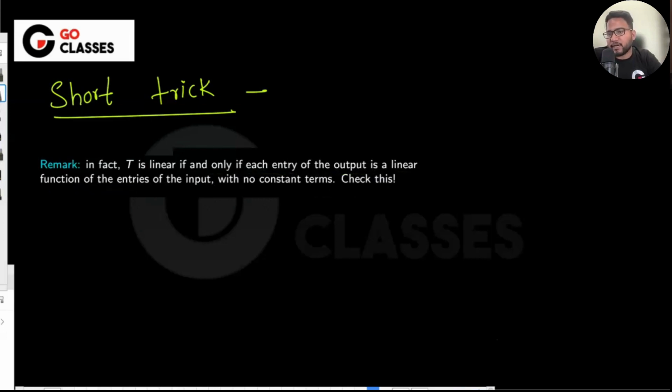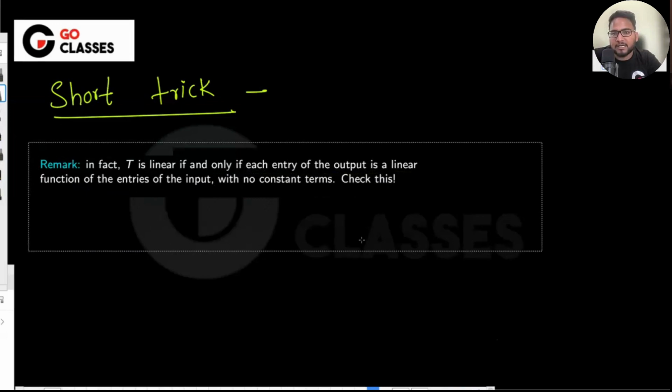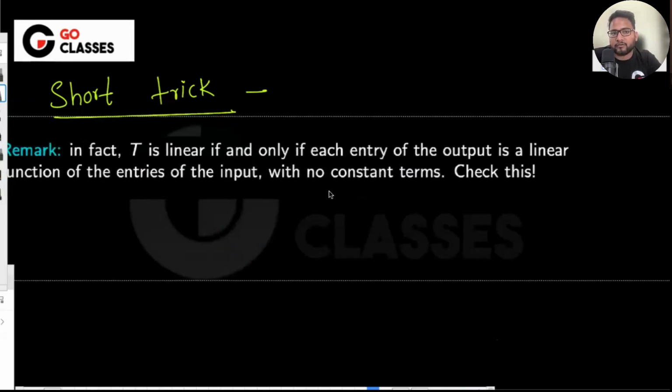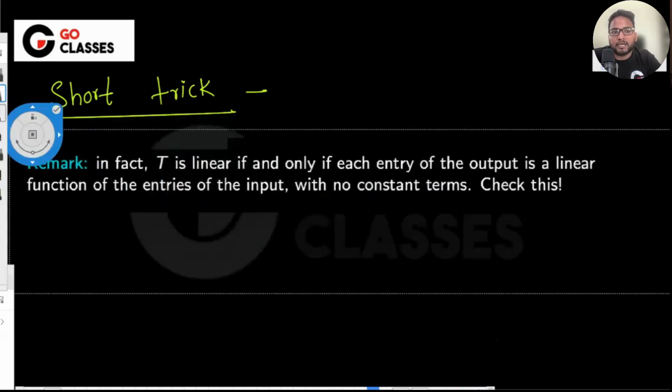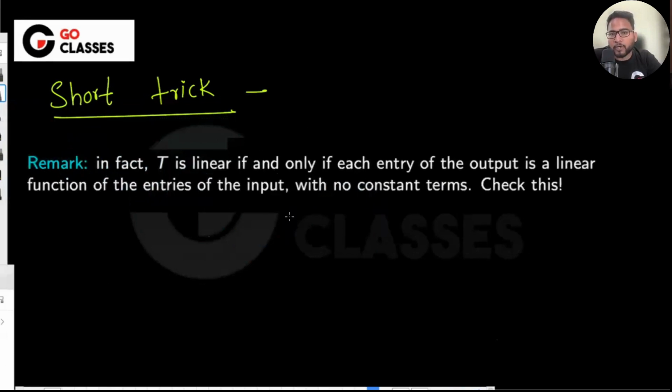This is a very important and very nice remark: if the output is a linear function of the input entries, with no constant term, then it is a linear transformation.